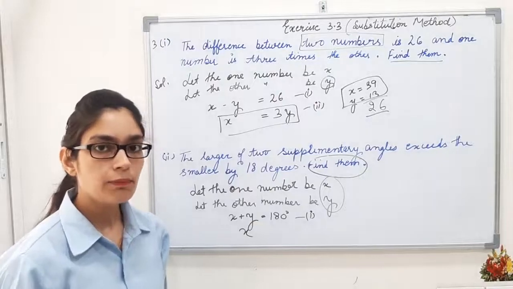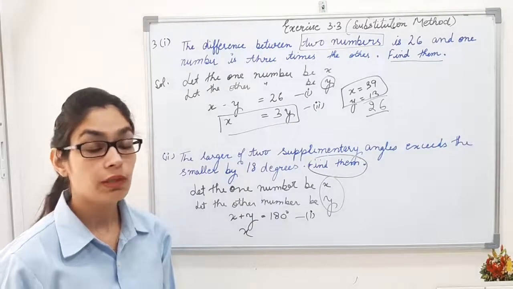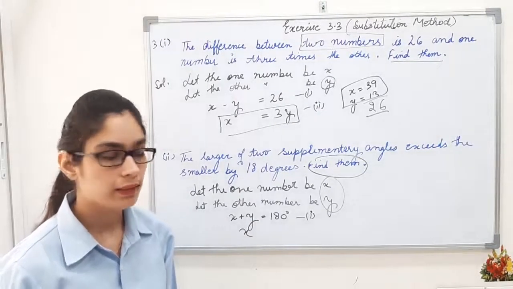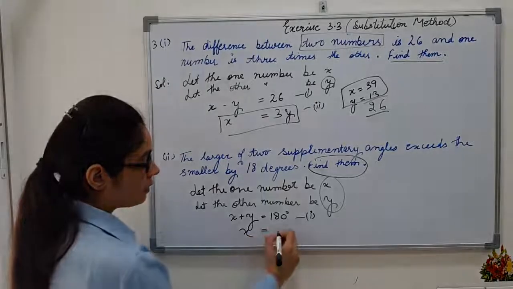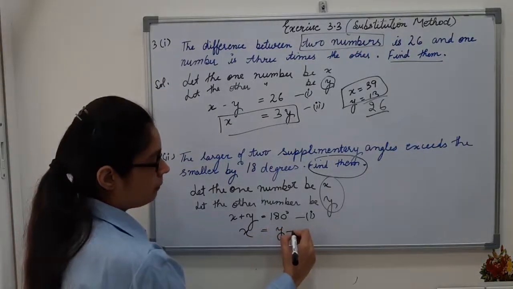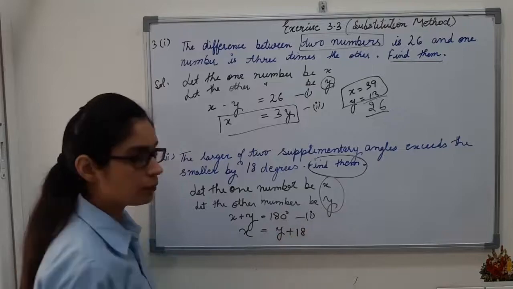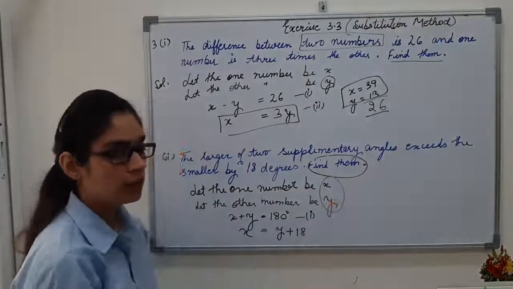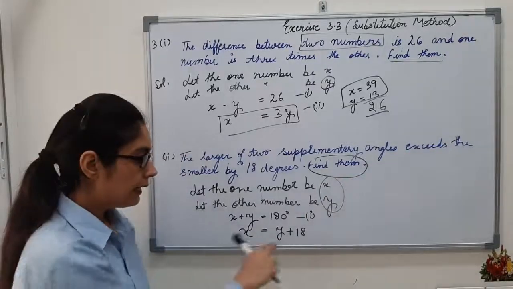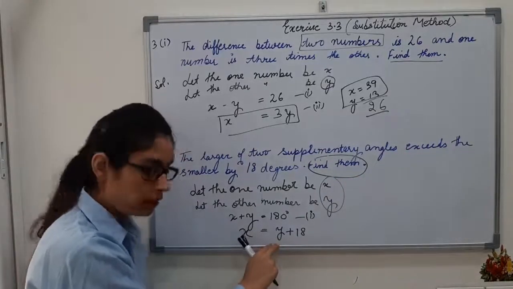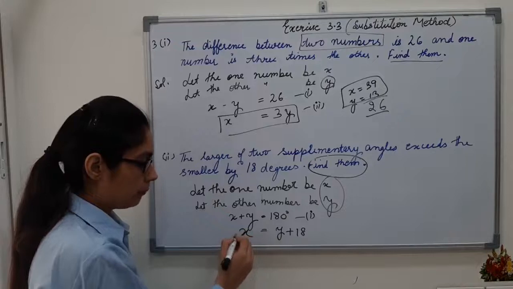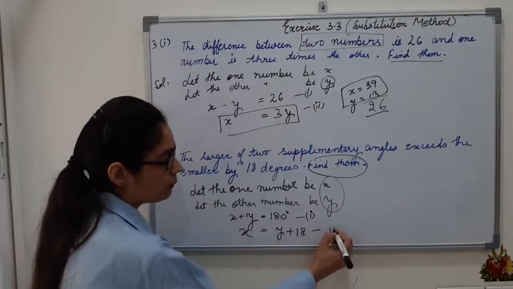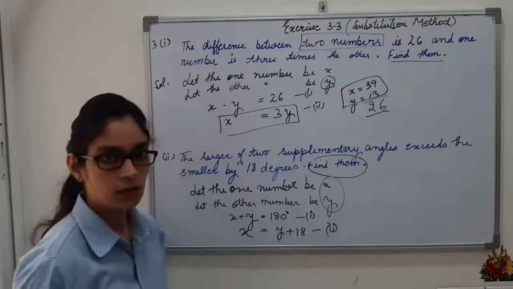It's bigger than the smaller by 18 degrees. This means my x is y plus 18. Exceeds means something which is bigger. If I am adding 18 to the smaller angle, I am getting the bigger angle. So this will be my second equation.